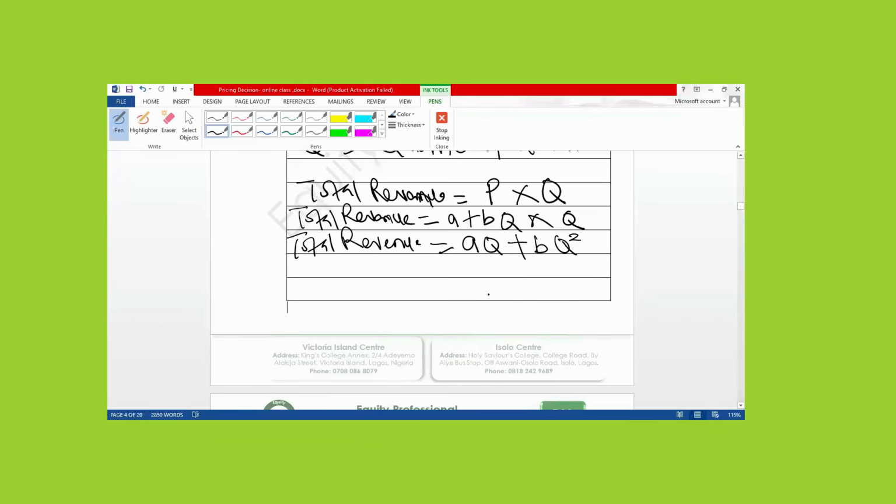This is your total revenue. From this total revenue, we can derive our marginal revenue using differential calculus technique.